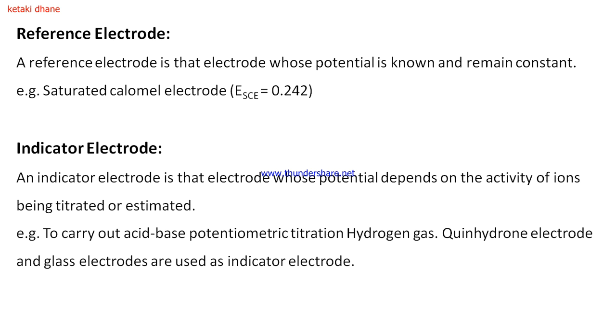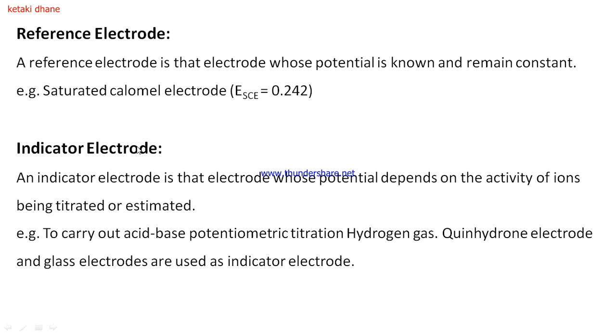Any electrode whose potential is already known to us and remains constant while the electrochemical reaction is going on is known as a reference electrode. An example is the saturated calomel electrode, whose potential is 0.242.